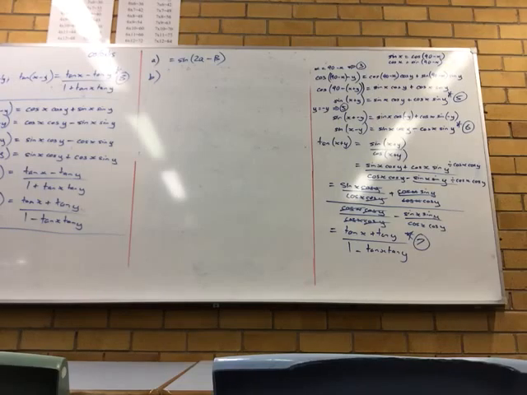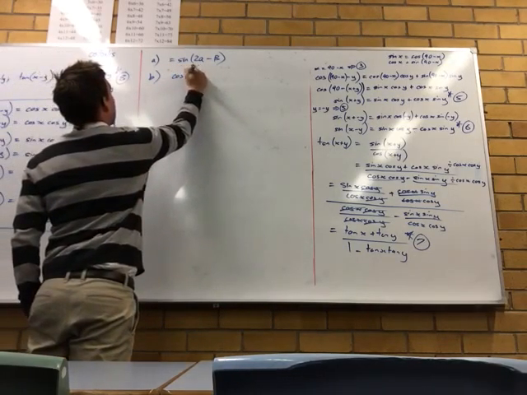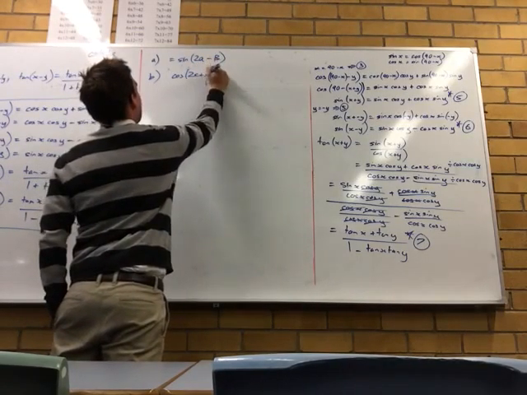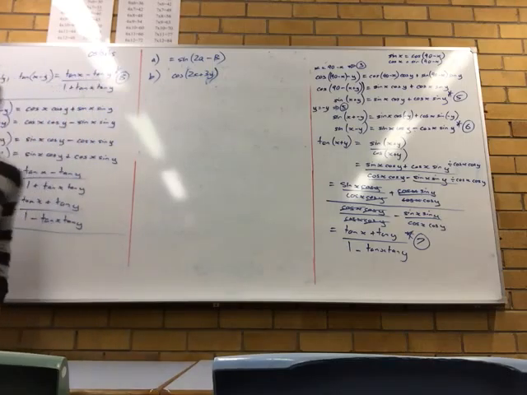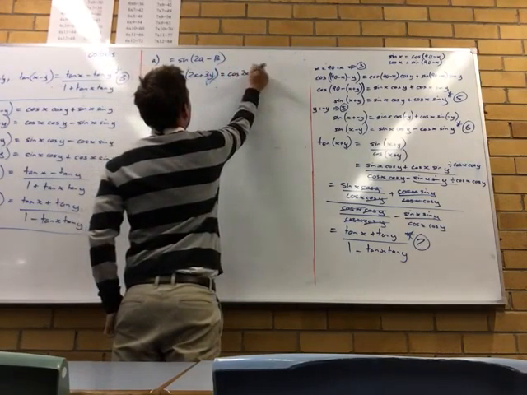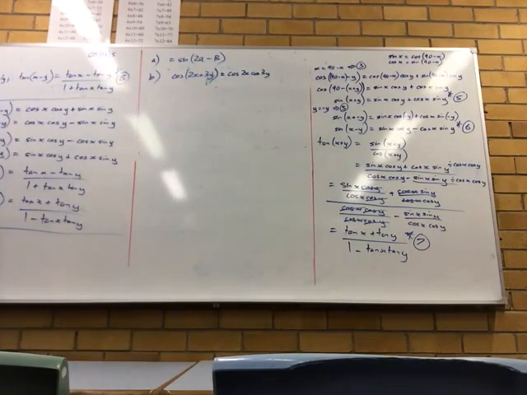Okay? B, expand. Cos of 2x plus 3y. Cos, remember, cos on the left, the cos 2x cos 3y, and then the opposite sign.